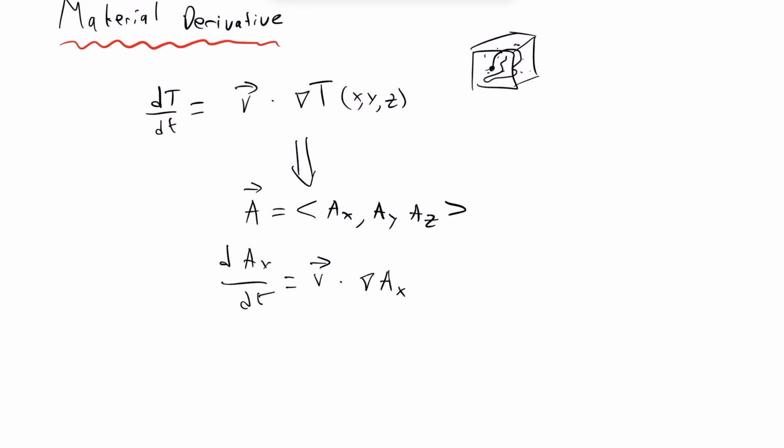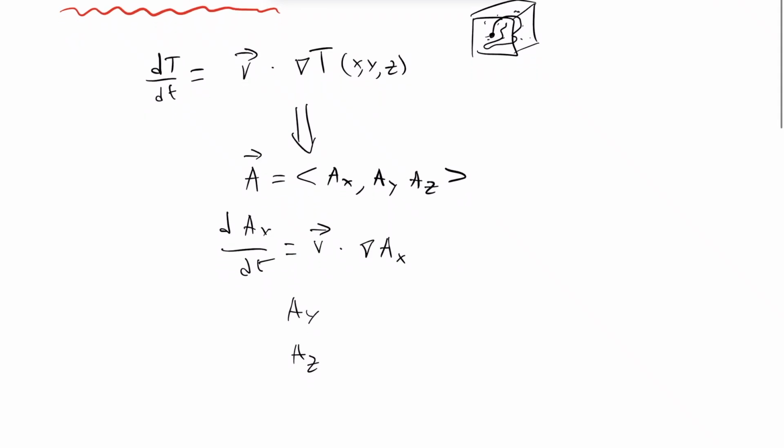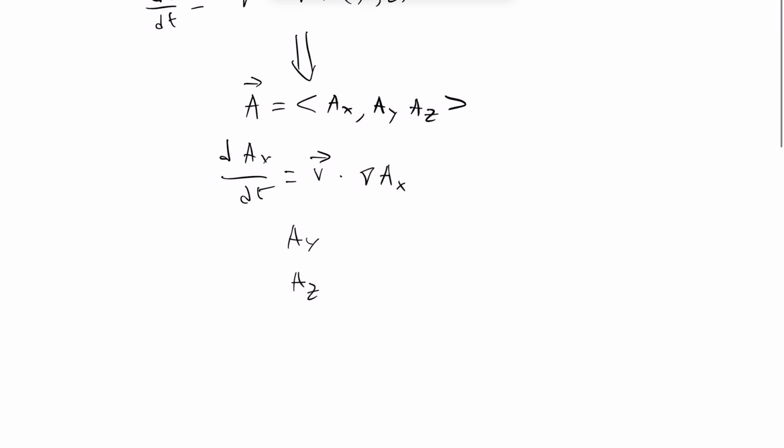And we can say the same thing for a sub y, and we can say the same thing for a sub z. So now we can essentially just shorten this into a simpler notation. What we're going to say is dA vector dt is going to be equal to the velocity, the direction that we're moving in, dotted with the gradient of vector A.